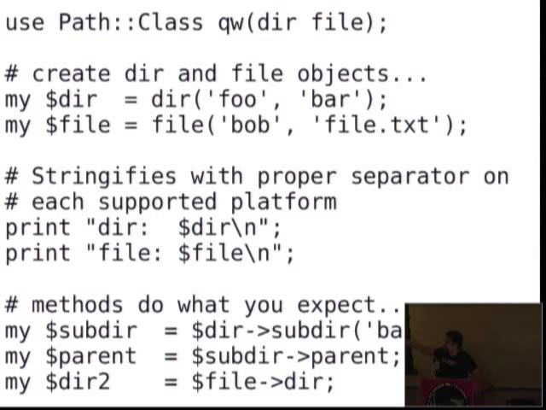You can stringify them, and they do what you expect with the correct separator and everything, or you can call methods on them to get subdirectories or ask for the parent directory, or if it's a file, ask for the directory it's in, and you can change absolute to relative and do all sorts of other things if you prefer an OO style. Part of the point of this talk is, you don't have to do it my way. Find something that fits your team, your workflow, and your way of thinking.